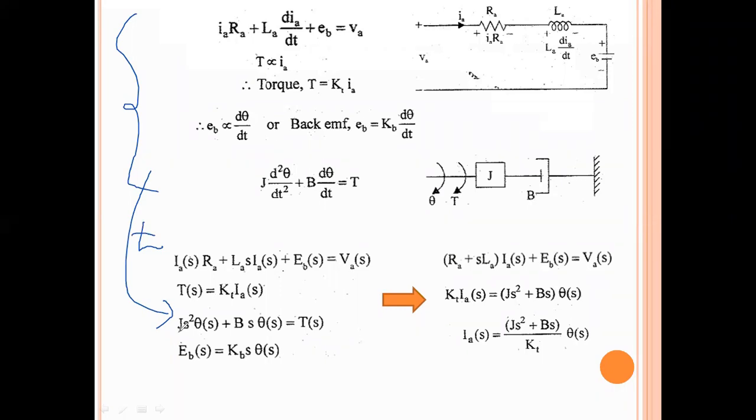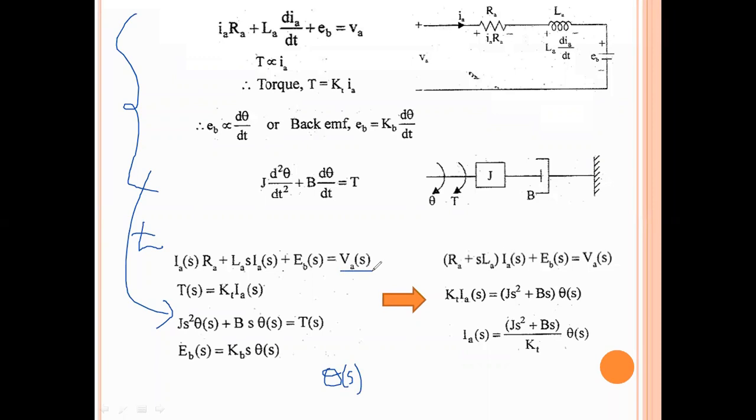And we need to find the transfer function, and the transfer function is output to the input. We know what the output is. Output is theta of S, right? So this is our output. And what is our input?